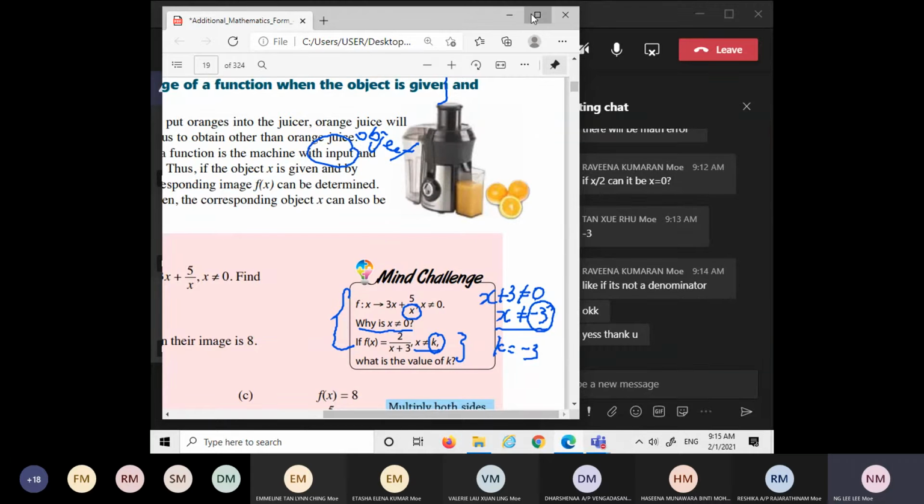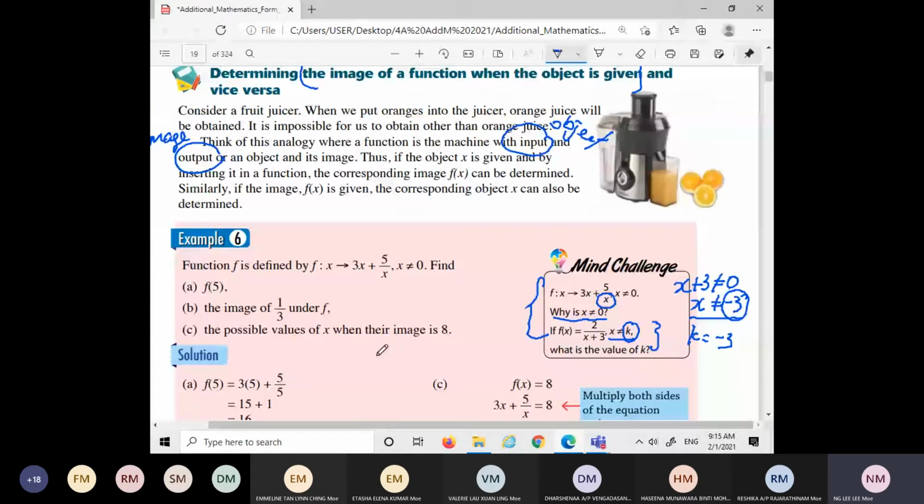Go back to the questions. Part A, f(5). This 5 is the input, or the object. So you need to find the image when the object is 5.